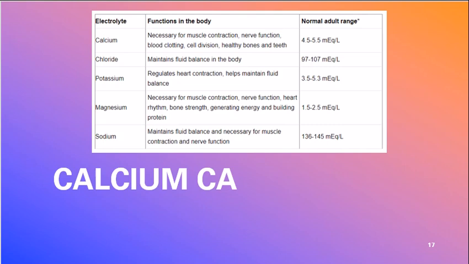Now, inside the cells, as we talked about just a minute ago, calcium is necessary for muscle fibers to contract. Again, this is true for all muscles, but it's particularly true for the heart. And again, we're not talking about electricity here, as we'll see in just a little bit with potassium, but we're actually talking about the contractile force of the heart. The strength of the contraction is directly related to the concentration of calcium within the body.